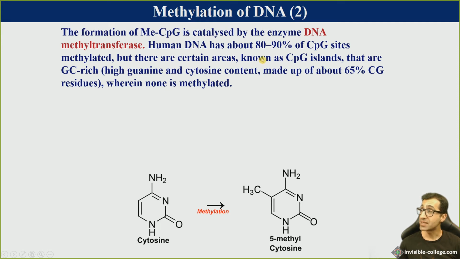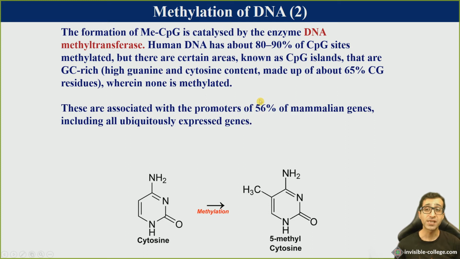Now human DNA has approximately 80 to 90% of its CpG sites methylated, but there are certain areas known as CpG islands which are guanine-cytosine rich. So in other words, they have a high guanine and cytosine content, approximately 65% cytosine and guanine residues, and in these, none are methylated.